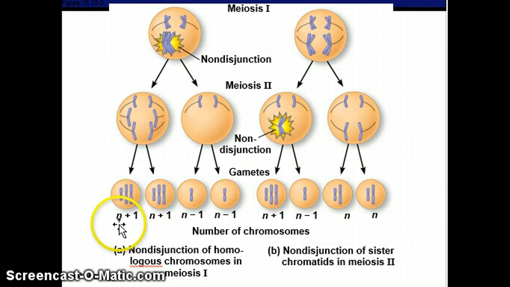Here we have this one where we have 3 instead of the 2 we should have had. And in this one we should have had 2, but now we only have 1. And here we end up with some normal because the non-disjunction occurred in meiosis 2. So it's only occurring right here where we should have had the separation of these chromatids. Instead, we end up with just that one lonely one there, and then 3 over here.